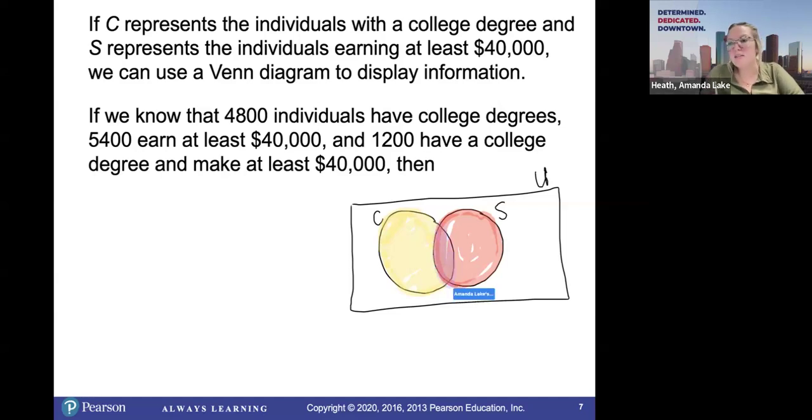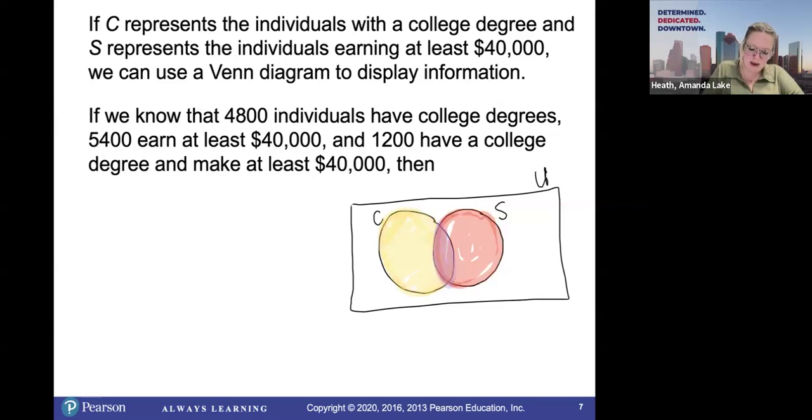We might want to ask questions like, how many people have college degrees but earn less than $40,000 a year? Or how many people who earn more than $40,000 a year didn't go to college? That would be asking questions about these sets that we don't know the numbers for yet. We could use the information we have here to figure that out.